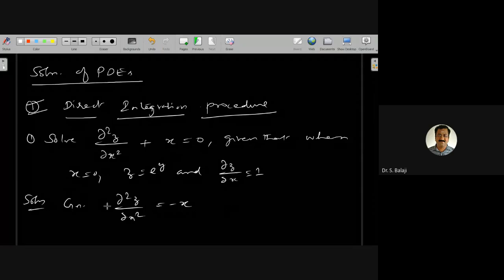You can think of it as dou by dou x of dou z by dou x is equal to minus x. Therefore, in order to remove this derivative with respect to x, you can integrate with respect to x and get a relationship. Similarly, you can integrate again with respect to x to get another relationship. In that manner, you can proceed.